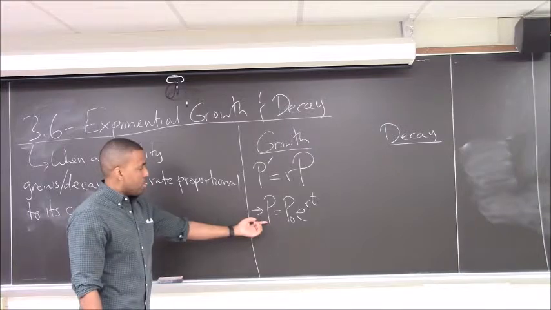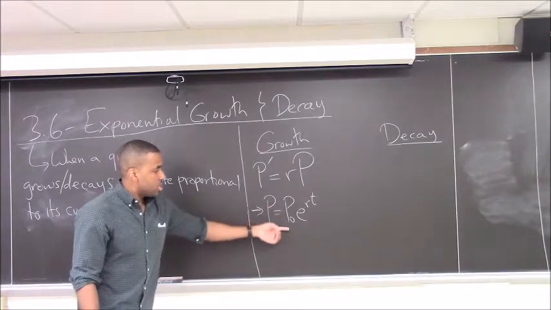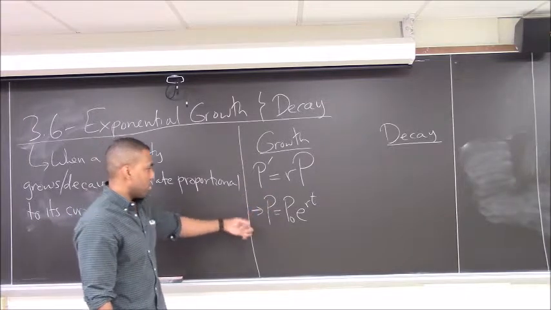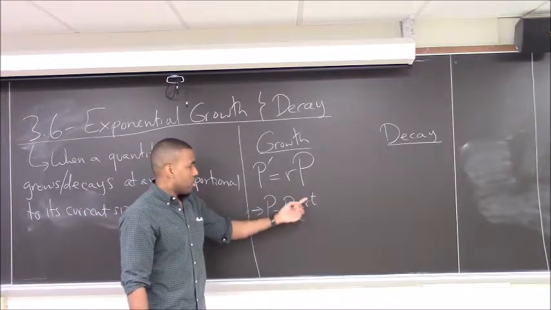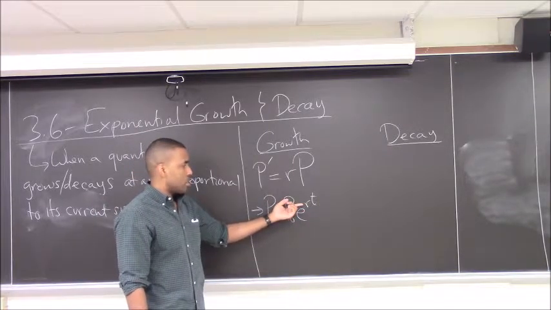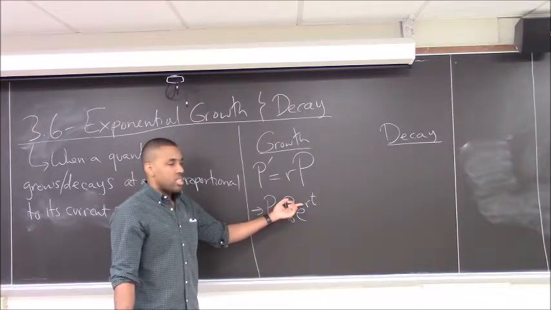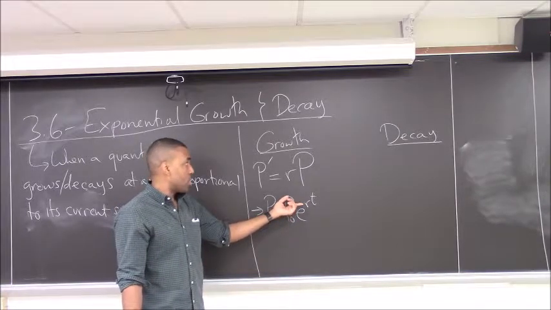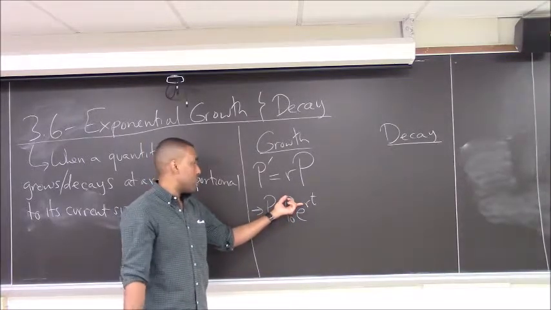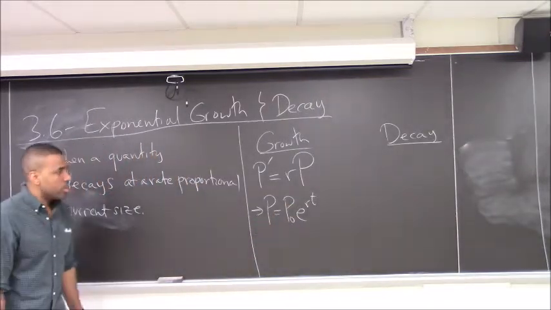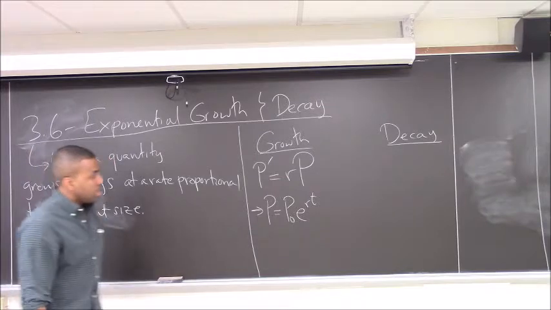P is the current amount at time t. P0 is the initial amount you started with at time t = 0, whenever you started the clock. r is called the relative growth rate or growth constant, which is basically the percentage value something is growing at in decimal form. If it's growing at 5%, you plug in 0.05 for r. t represents time, and e is the usual Euler's number.